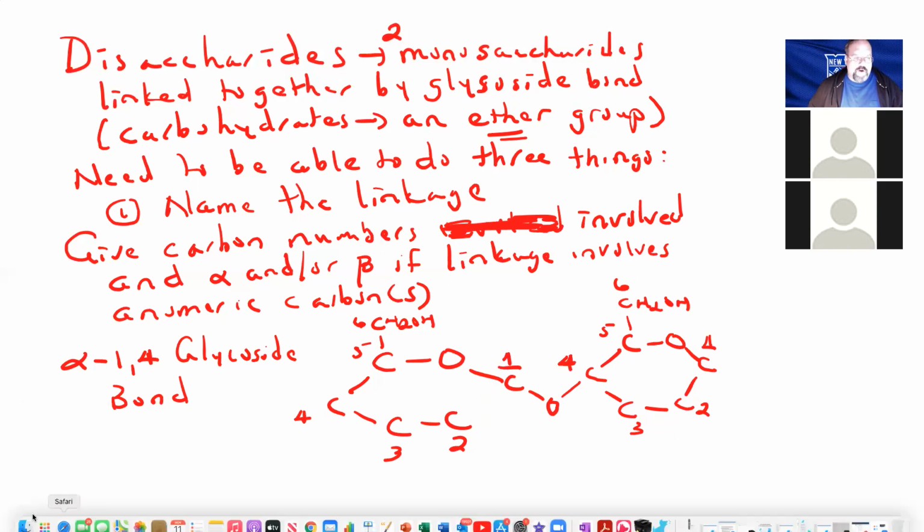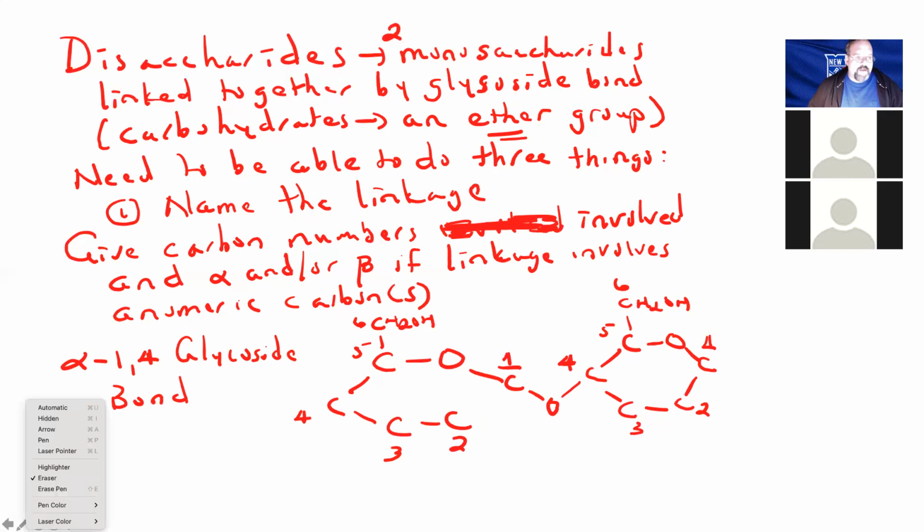Carbon number 4 for the other monosaccharide is not the anomeric carbon. So for carbon 1, we have to give the direction. We have to give the direction the linkage is going as part of the name of the linkage. So off of carbon 1, the linkage is going in a downwards direction.